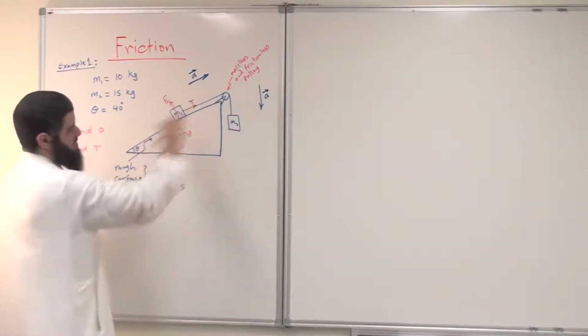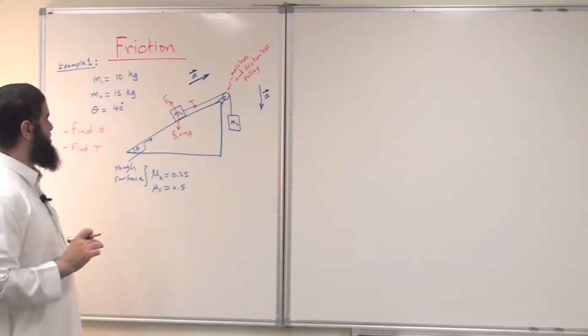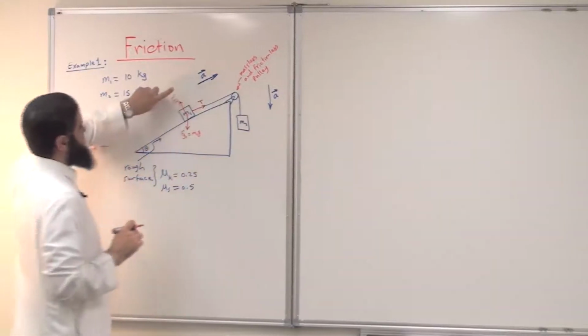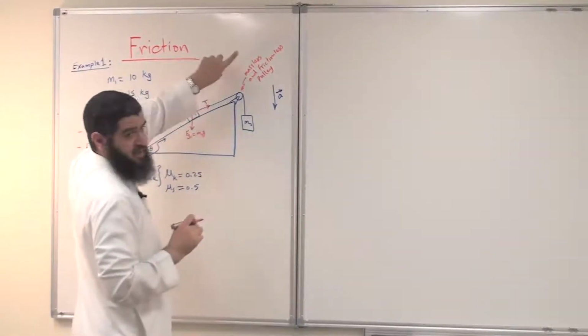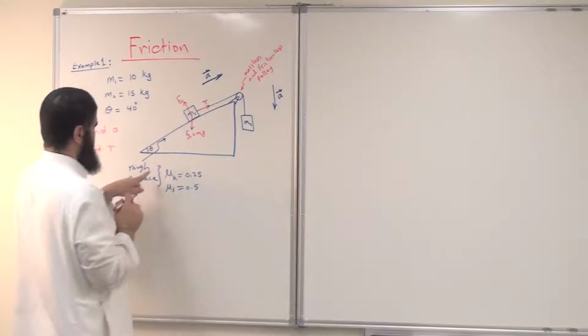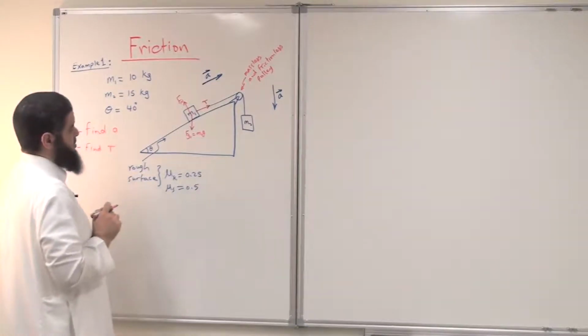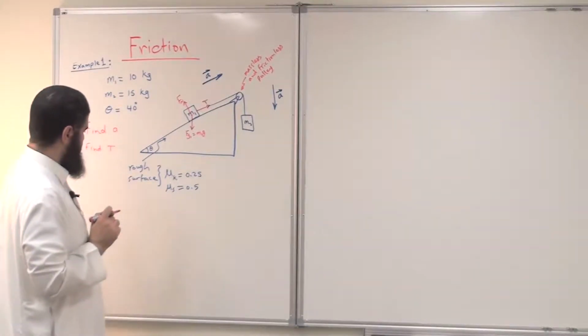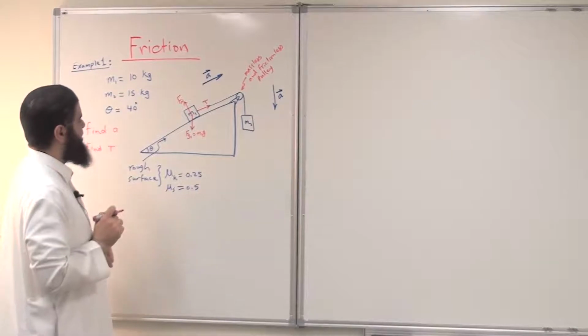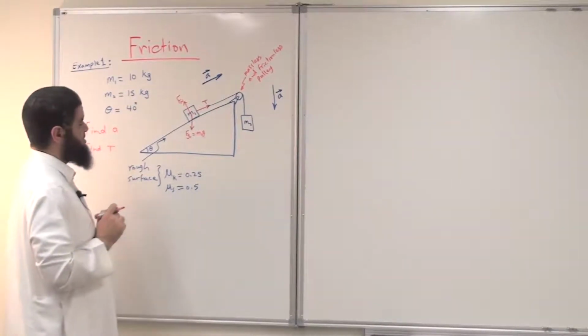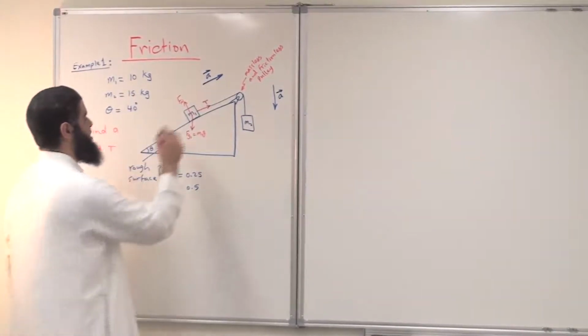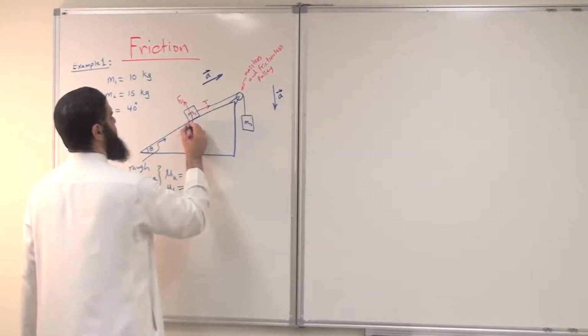Fn is always normal, or perpendicular, to the surface. Because the motion is in this direction, and this surface is a rough surface, where is the direction of the frictional force? The friction force is opposite to the direction of motion, so it should be in this direction. So I draw it this way.